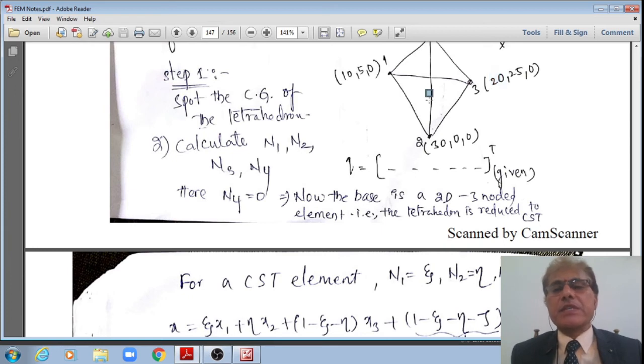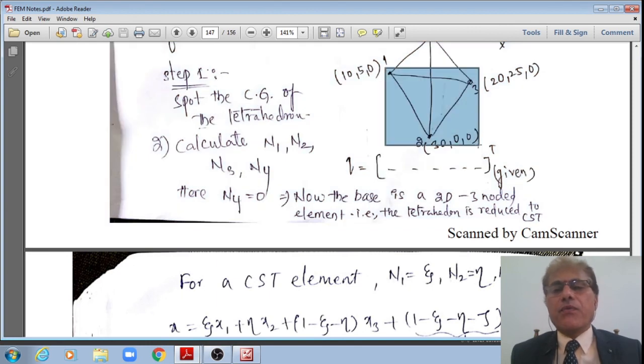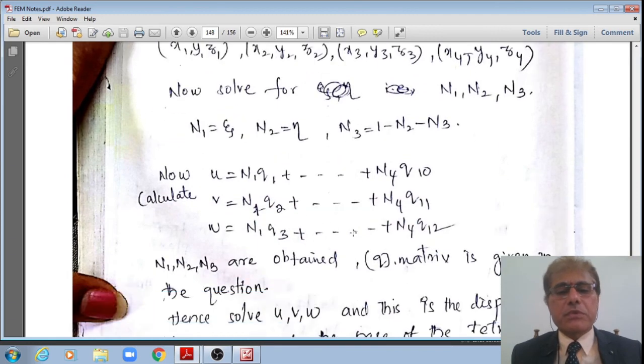Because this is a CG, obviously n1, n2, n3 are 1 by 3, 1 by 3, 1 by 3 respectively. Then 10 multiplied by 1 by 3, 30 multiplied by 1 by 3, 20 multiplied by 1 by 3. Therefore 60 multiplied by 1 by 3 means 20 mm is the x coordinate. Similarly, 5 plus 25 divided by 3, right? 10 is the y coordinate, and 0 is the z coordinate. For all, I am using isoparametric formulation. That is how an application problem works, students, right?